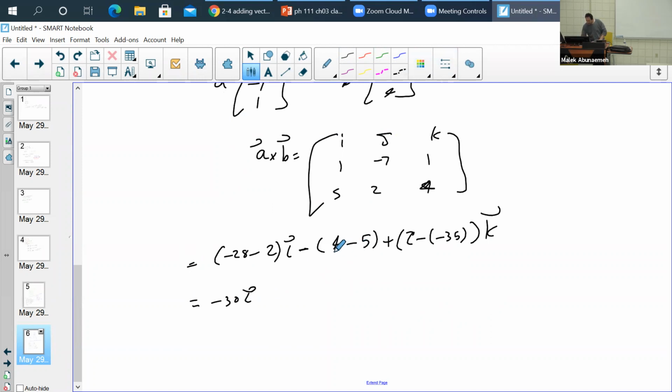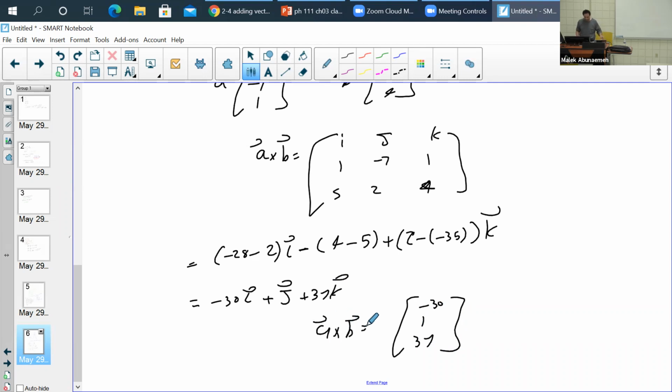Now you got 4 minus 5, minus 1, plus 1, so you get plus J in the J direction. Plus these two are going to be added, so 35 plus 2 is 37 in the K direction. So your answer would be minus 31 and 37. That's your A cross B vector.